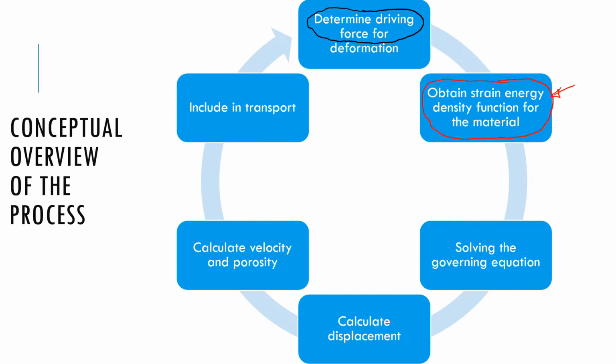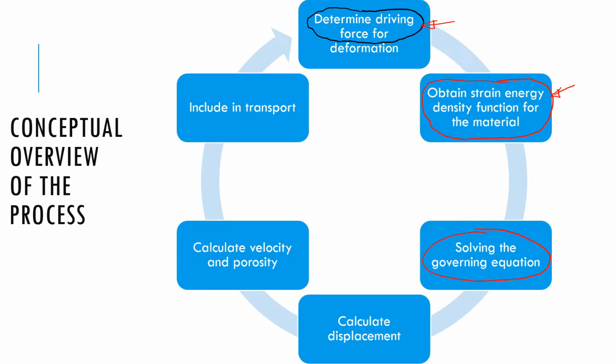So once we have the strain energy density function that characterizes the material, and this characterizes what is the load that's causing the deformation, then we can solve the governing equation.